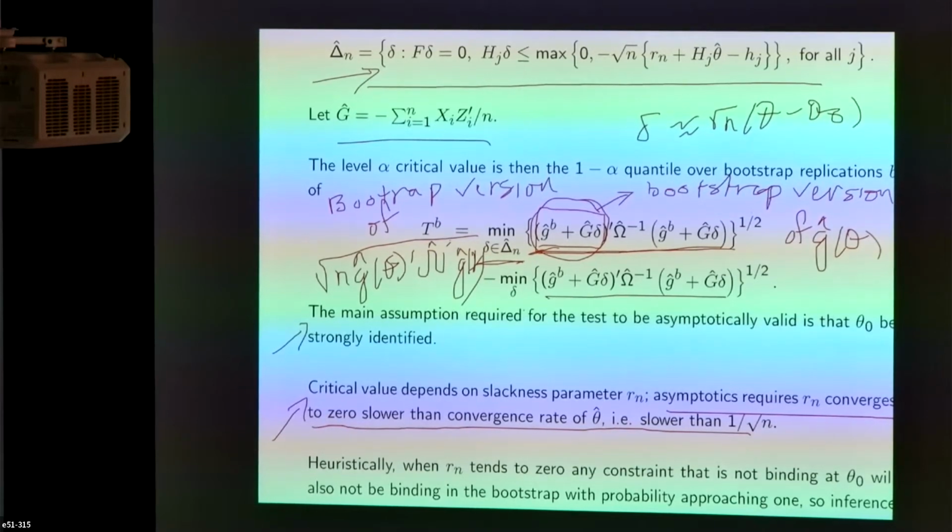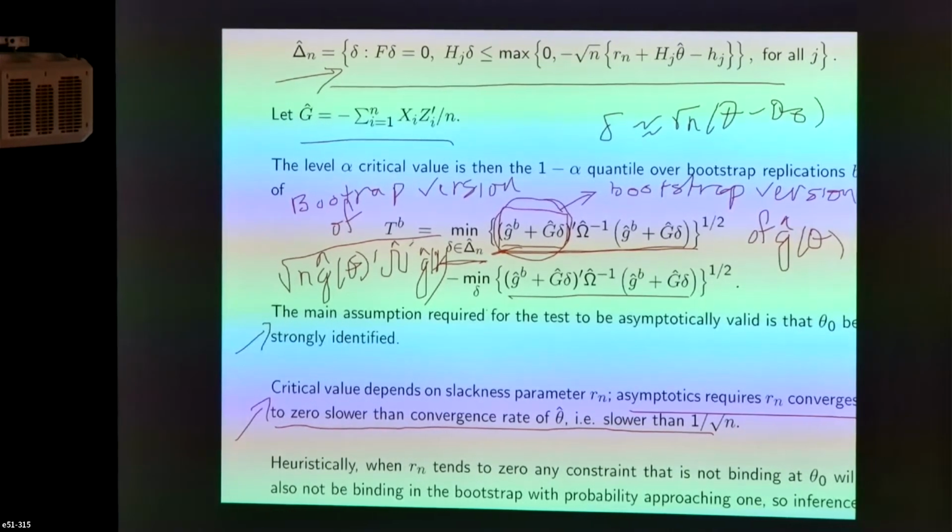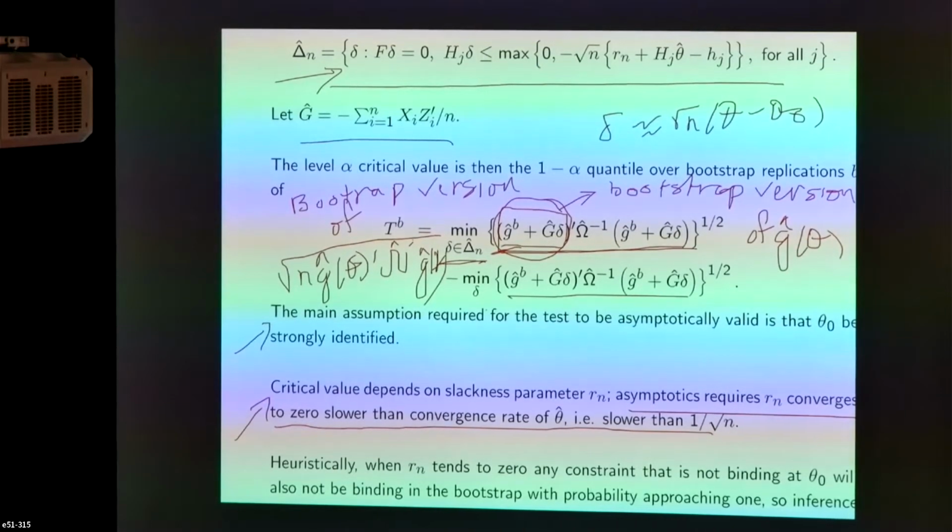When they're satisfied in the data, right at the boundary point, that's zero and the restrictions are imposed. And when you're not at the boundary point, that thing is negative, so it's blowing up at root n rate, and that takes you away from the restrictions being satisfied. So as Rn goes to zero, exactly the restrictions that are true in the data are imposed in this test statistic, and so it's not conservative. Okay, so it's not conservative.